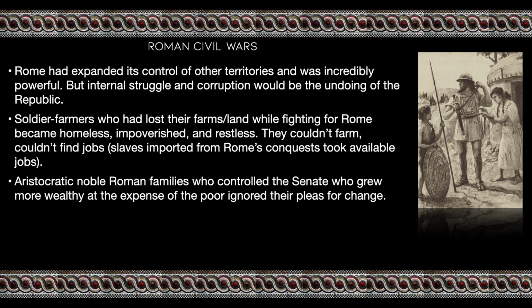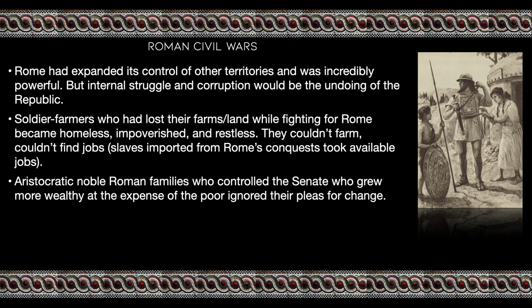They couldn't farm, couldn't find jobs because the Romans loved to collect slaves and sell them. And so this was a huge reason why they went to war, which was to collect slaves. It was a very big money-making thing for them, unfortunately. And this left them without the opportunity, the poor plebeians, to find ways to provide for their families. So there's going to be a lot of unrest.